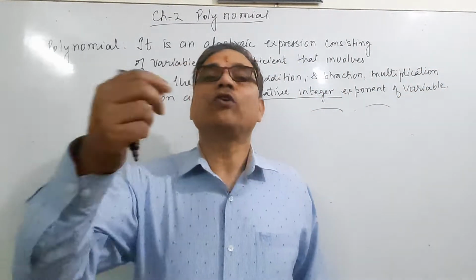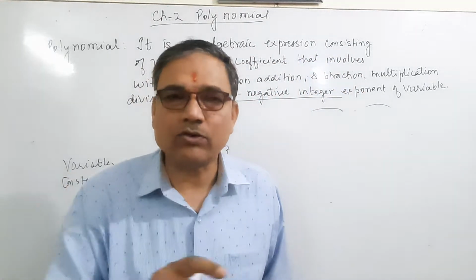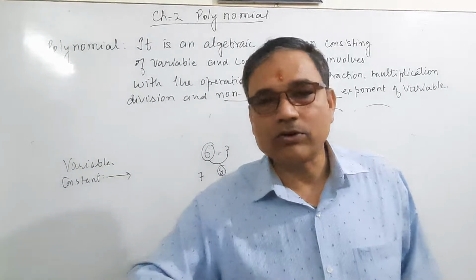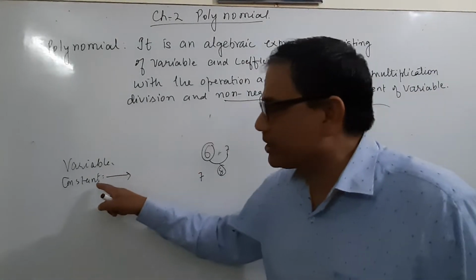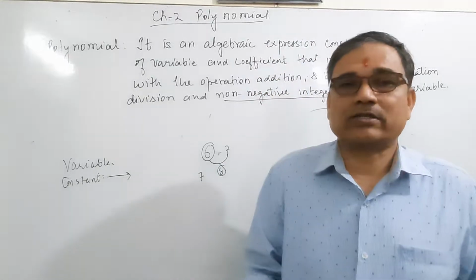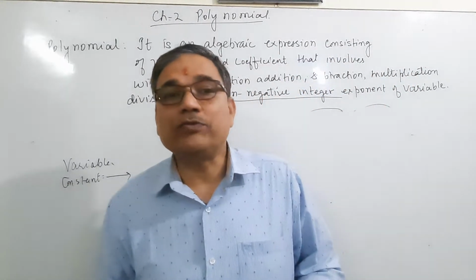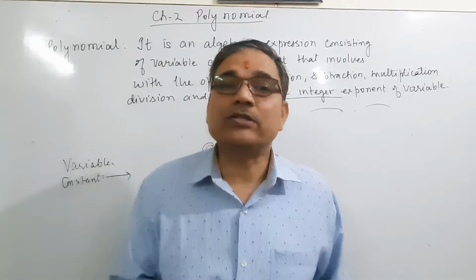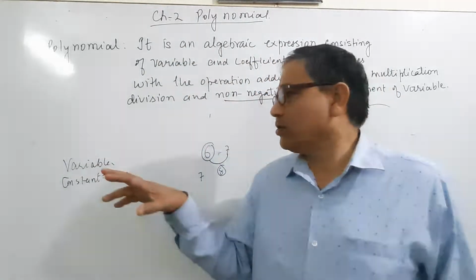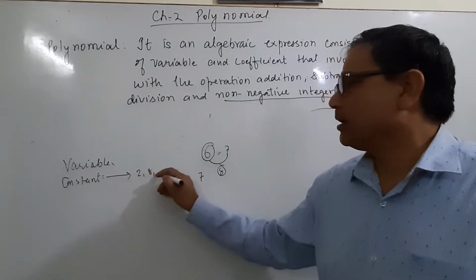The value which we know is known as constant. The fixed value is known as constant. The value which is not fixed, or we can say the value which we don't know, meaning an unknown value, is known as variable. Constants are like 2, 8, 9.